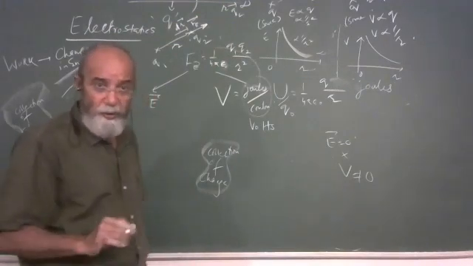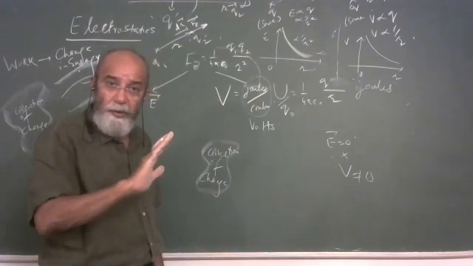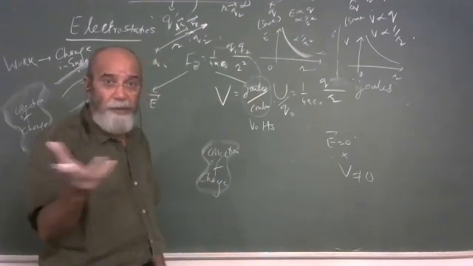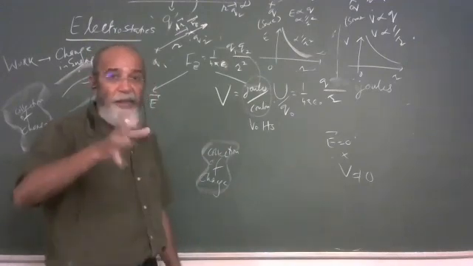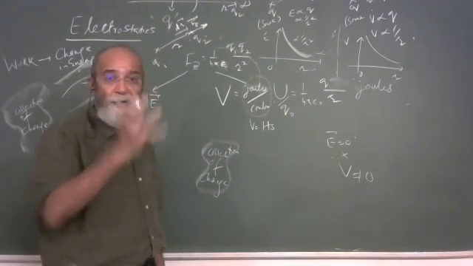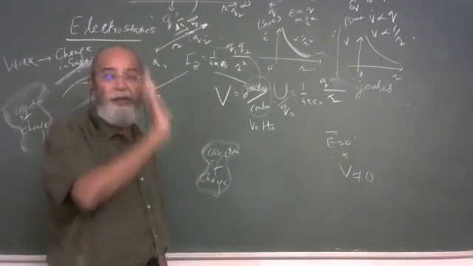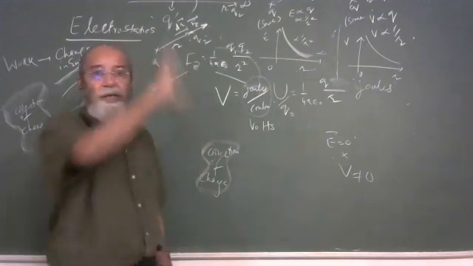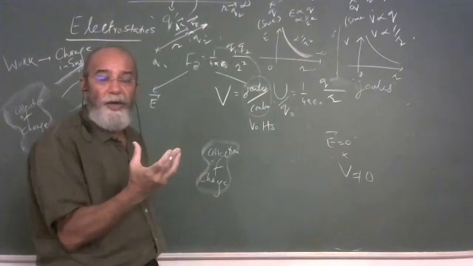So you remember that. You will be asked this question in the interview: can you have regions where E is 0 and V is not 0? Yes. You will see that when I put down different configurations: line charge, charge on a circle or loop, charge on a disk, charge on a wall, and charge on a spherical object.